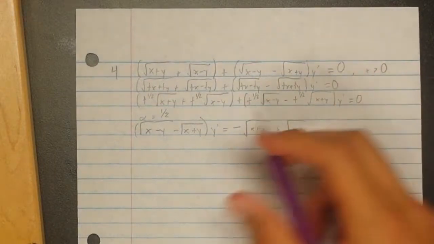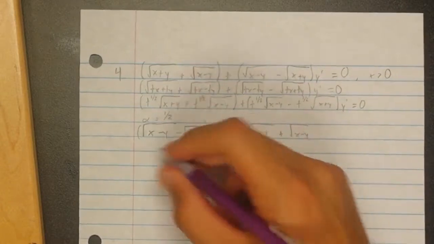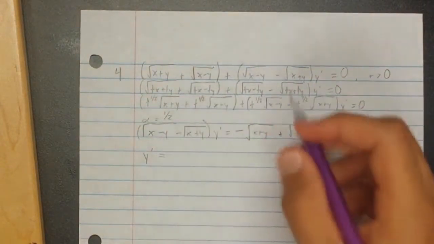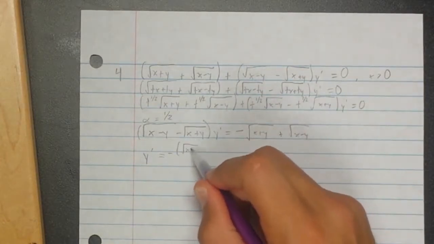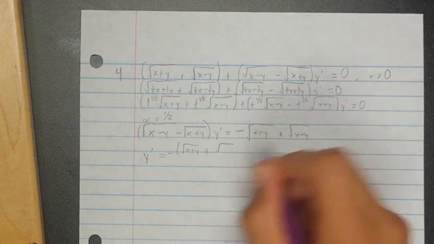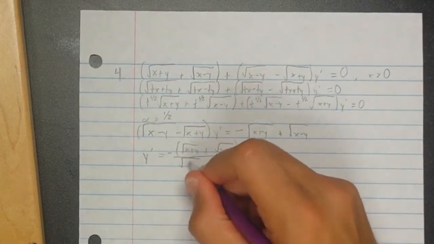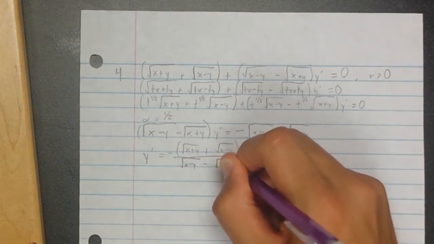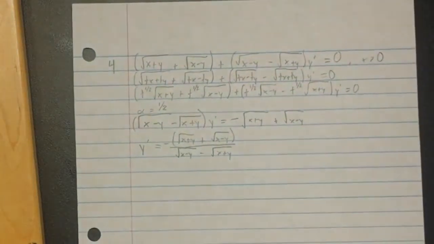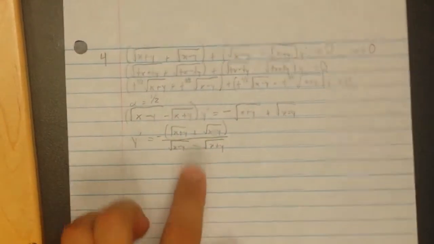Okay, so divide both sides by this, and we get y′ by itself. So y′ equals negative the square root of (x + y) plus the square root of (x − y), over the square root of (x − y) minus the square root of (x + y).